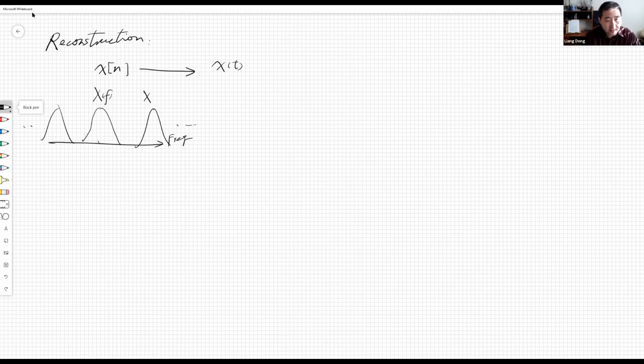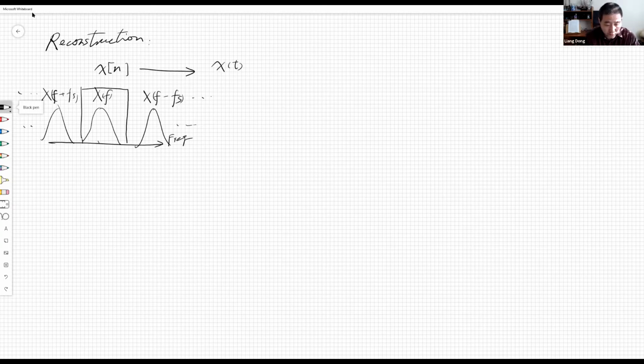Here is X(f minus fs), here is X(f plus fs), and you have other copies. For reconstruction, in the frequency domain, ideally what we do is filter that using a low-pass filter, which is ideally a rectangular function. Then let's see what we will have in the time domain.